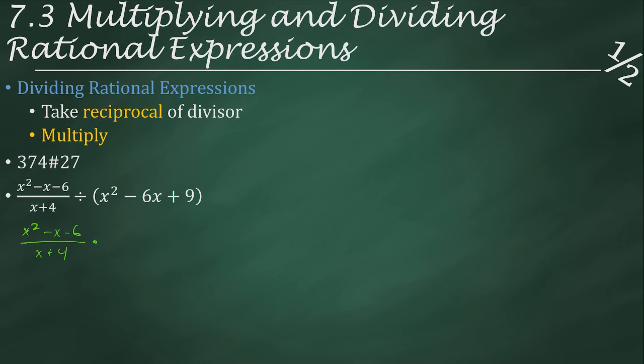So I'll multiply. This divisor is over 1, so it'll be 1 over that. So we took the reciprocal, now we're multiplying by it, which means we need to factor.